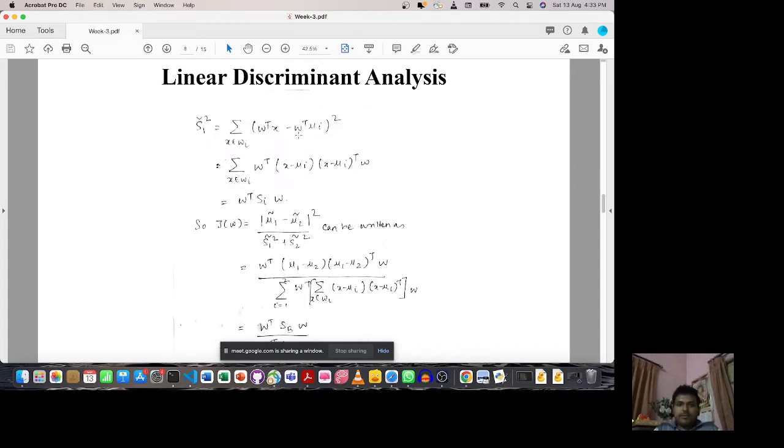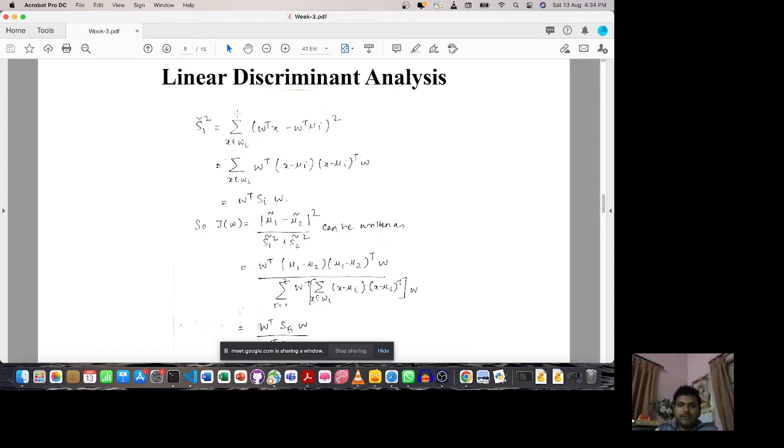So, W transpose x minus W transpose mu i whole square, and this on being broken down gives us W transpose into x minus mu i into x minus mu i transpose W. This is from the definition of the covariance matrix, and this becomes W transpose Si W.